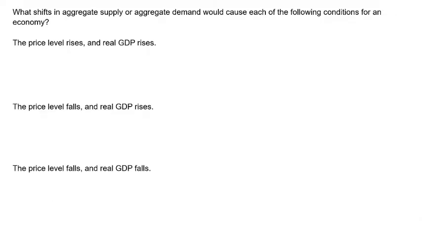Okay, so let's take a look at this question. This is a little bit different. What shifts in aggregate supply and aggregate demand could cause each of the following conditions for an economy? In this case, we don't know what kind of shift we have, but we know the results. So let's start with our initial equilibrium.